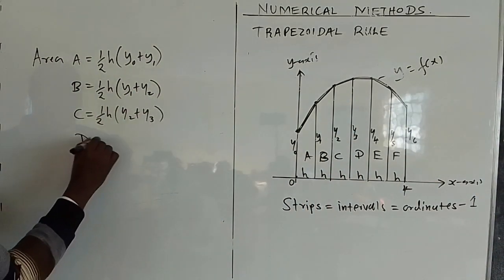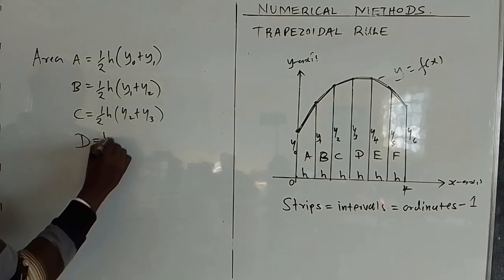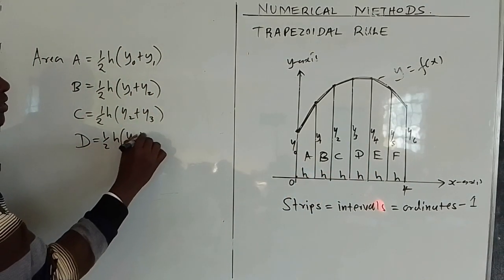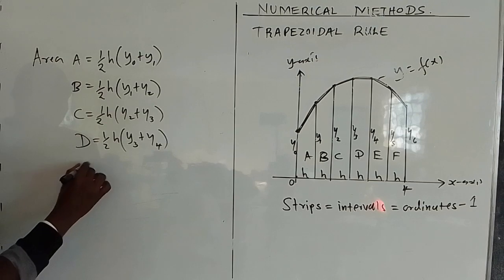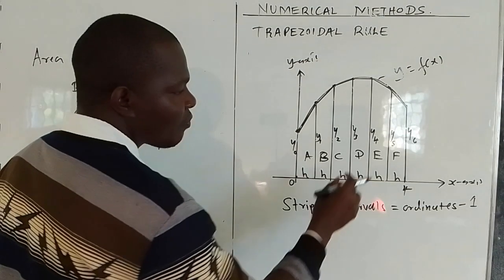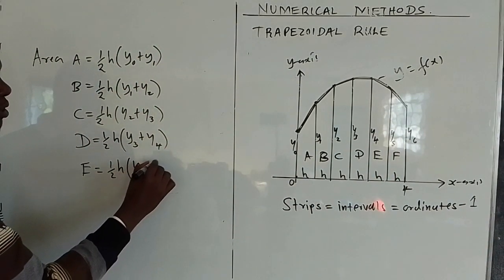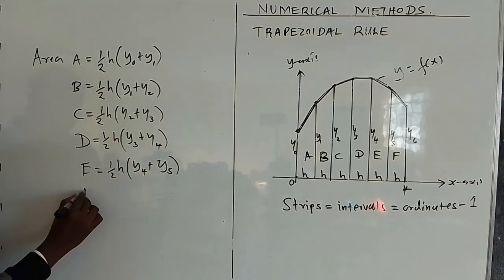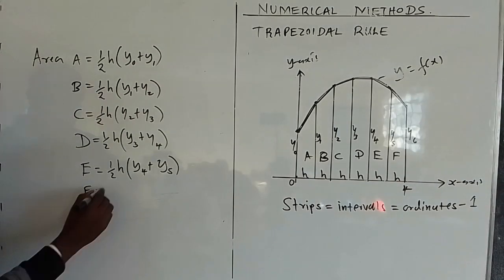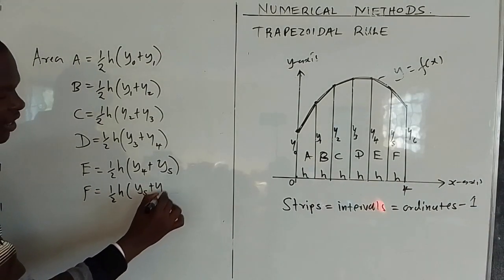Then the area of part D will be half h (y3 plus y4). Then the area of part E is half h (y4 plus y5). Then the area of the last part F will be half h (y5 plus y6).